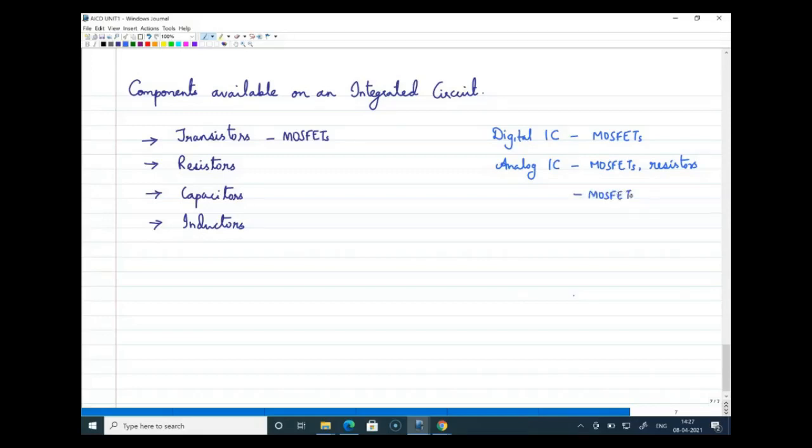Now, along with these MOSFETs and resistors, if you have capacitors, if I add capacitors to this, let me tell you why we need capacitors. Can I get a response in the chat box? What is the role of a capacitor, or why do you need capacitors in an integrated circuit?